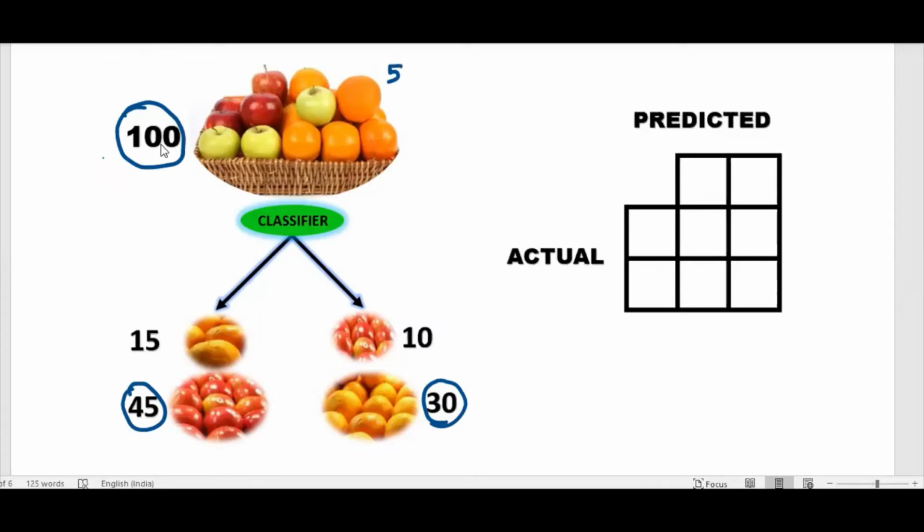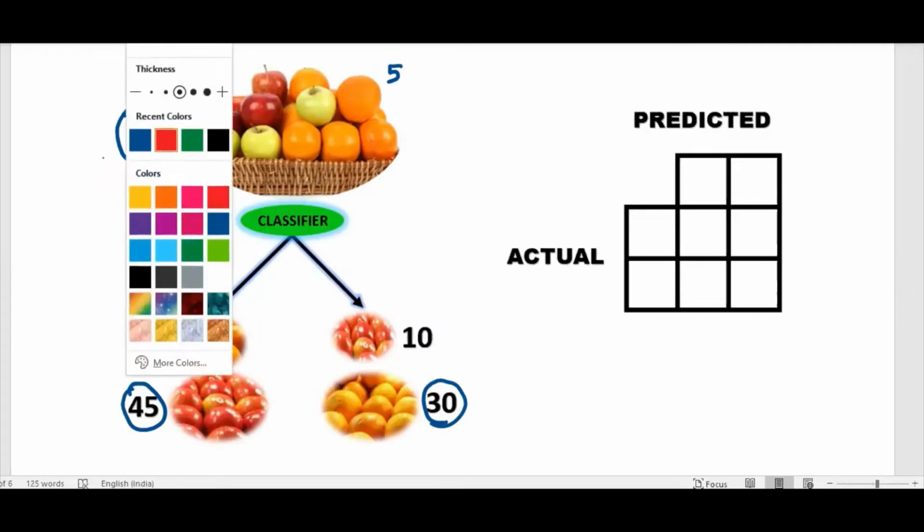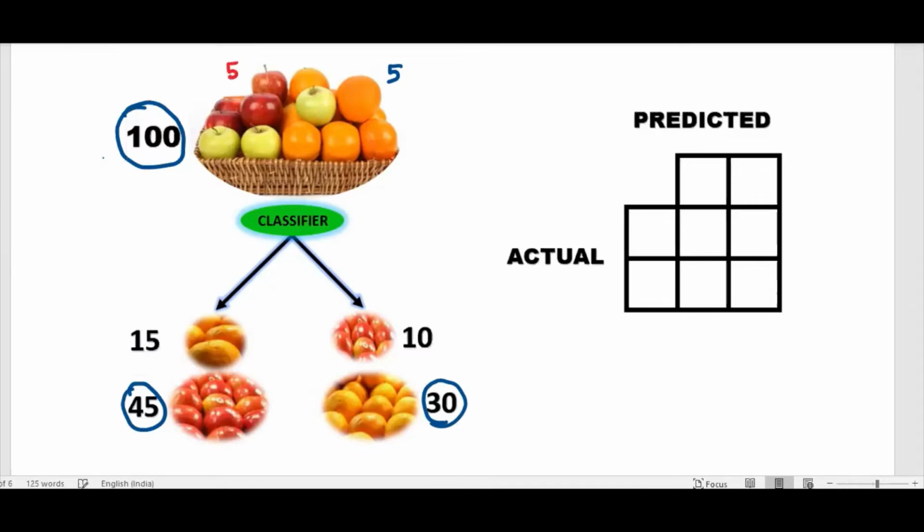I can write this side. And 45 oranges. These are apples. And in total, we have 100. Out of this 100, we want 55 here, 45 here.